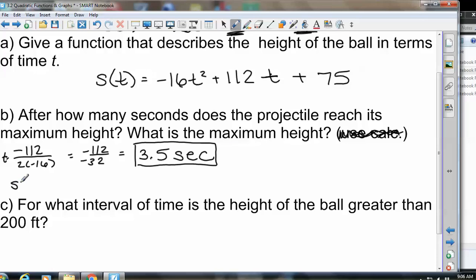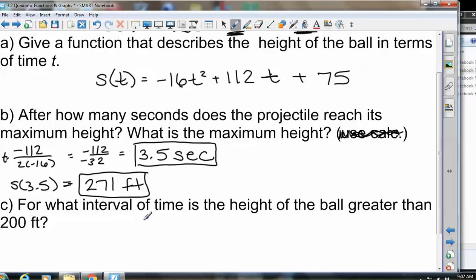So now to actually find that highest value, you have to plug 3.5 into your equation. What does that give you? 271, and that would be 8.